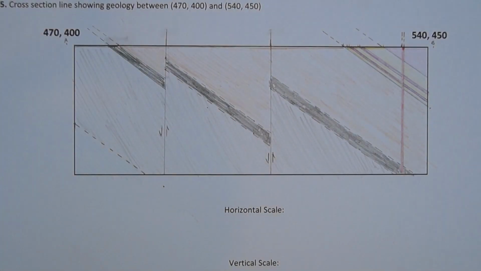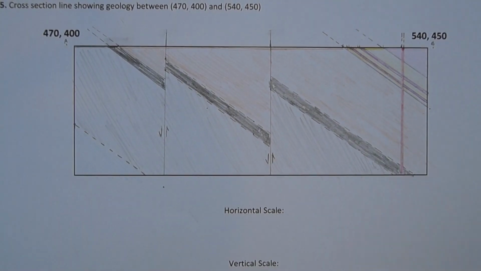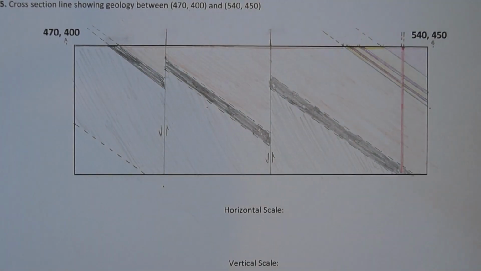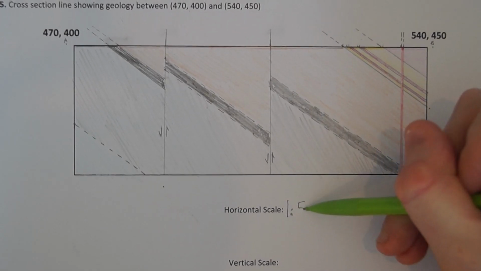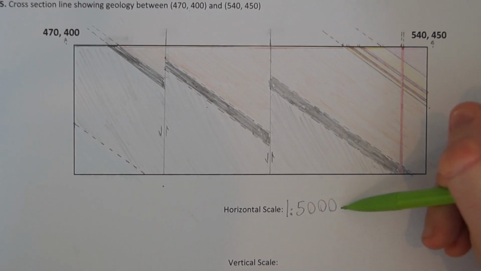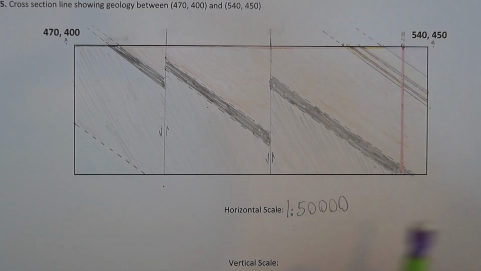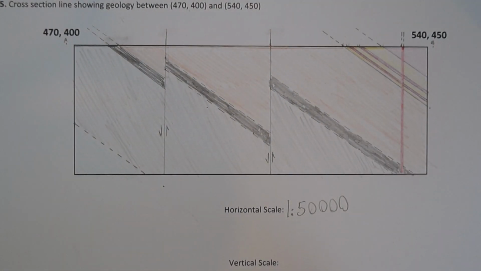So if you look at the base of your map, you should see a scale, which is 1 to 50,000. And because we haven't done anything to our horizontal dimension, we've just taken information from the map and put it on the cross section, we can use the same scale. Now, because we've exaggerated our vertical scale, we've stretched it by 4 times.